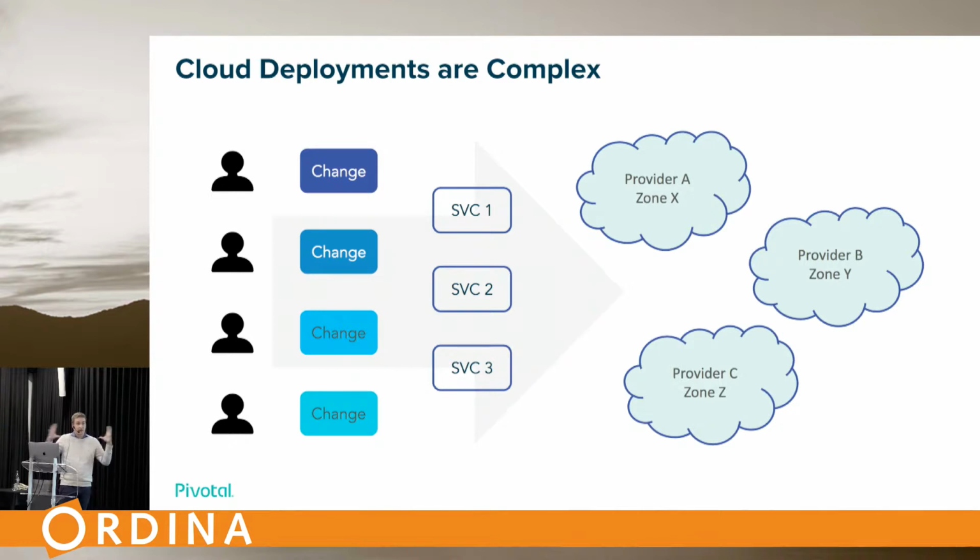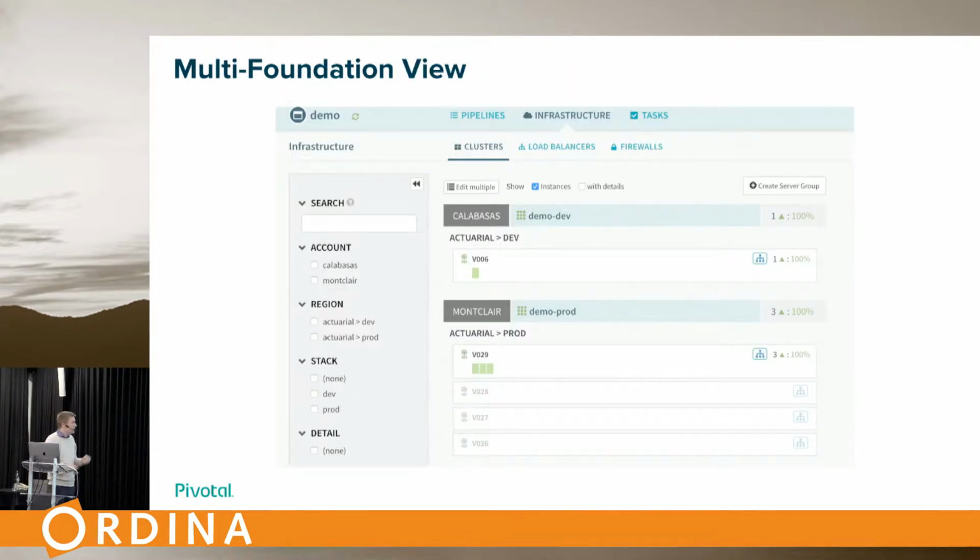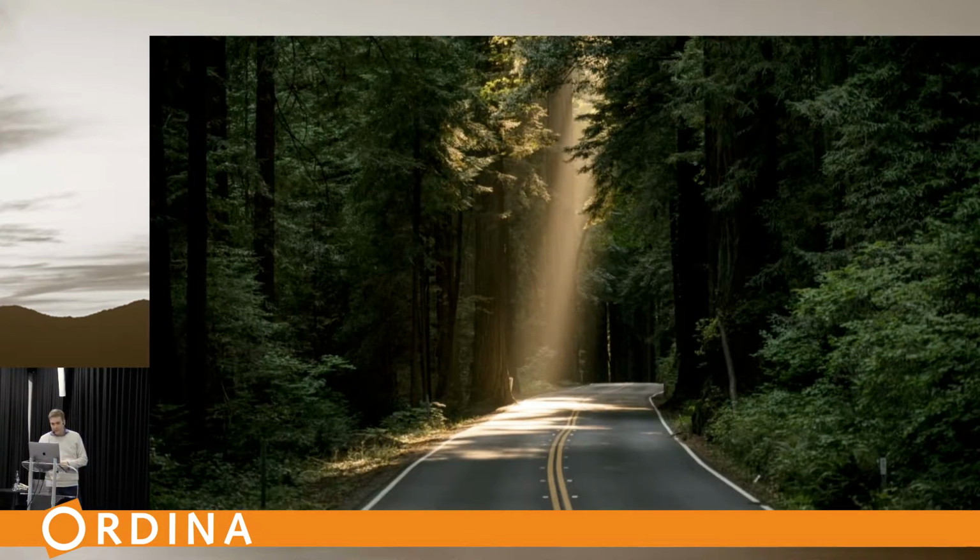So the sum of this complexity makes it really hard for us to have a view of what's currently going on. So having multiple different foundations or clouds or different accounts or different regions in one dashboard is really interesting for us to understand what our application is currently doing in production. It can even have development and production in the same dashboard, as you can see here.